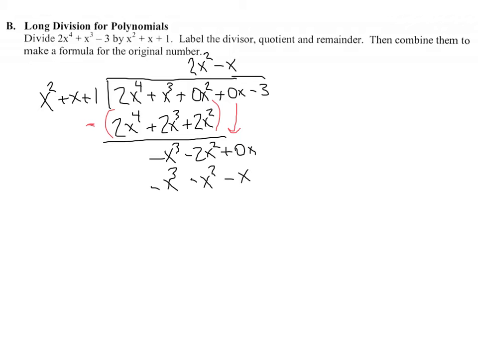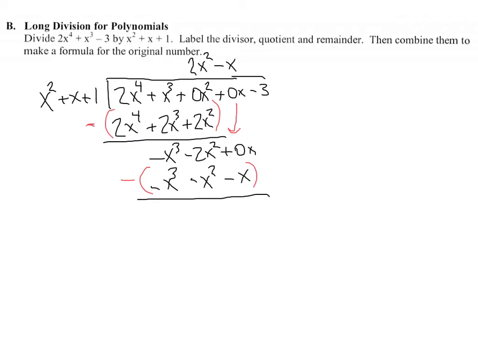Again, all of this row is going to be subtracted from the row above. Be really careful with your signs here. Negative x cubed minus a negative x cubed, really plus x cubed, is 0. Negative 2x squared minus a negative x squared. So think about that. Negative 2x squared, and in the end it's really going to be plus x squared.